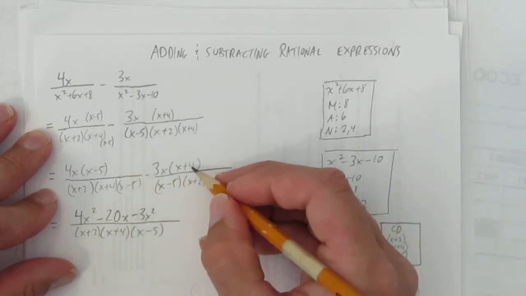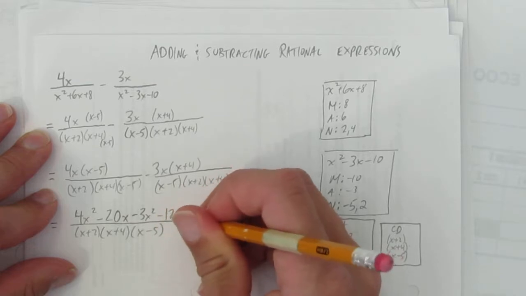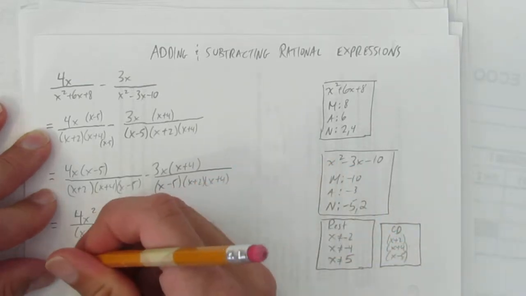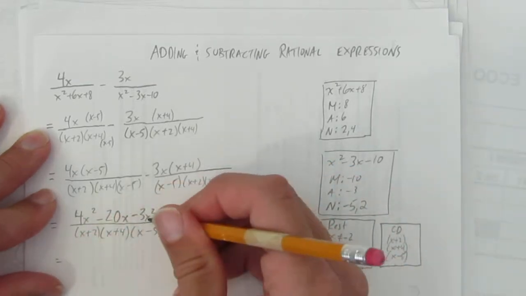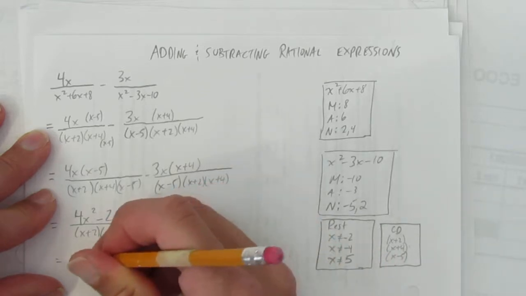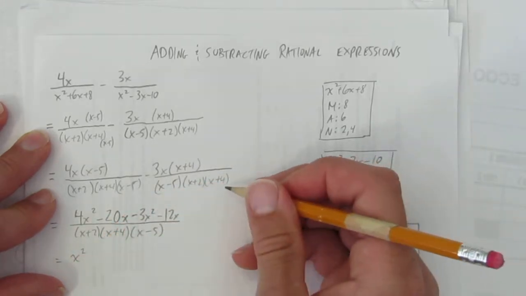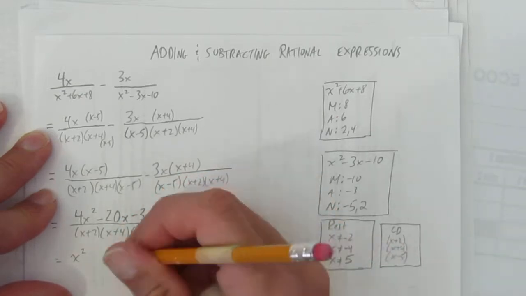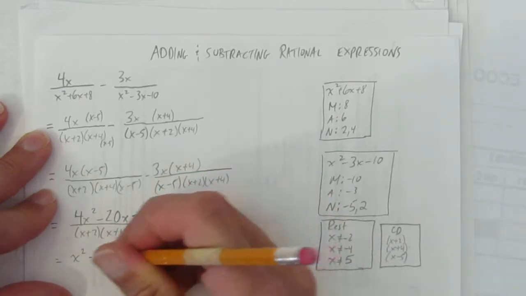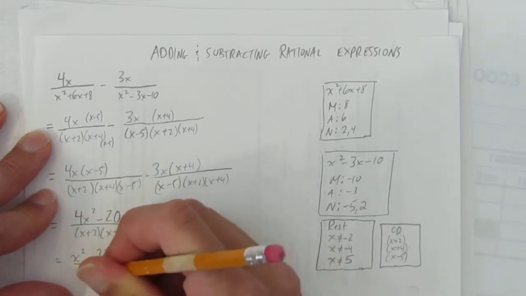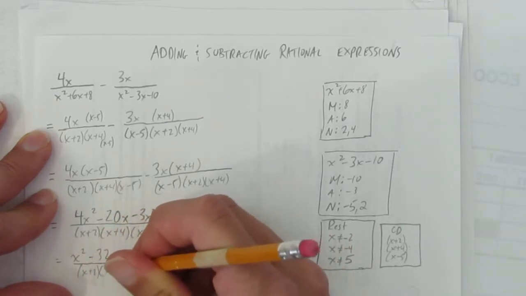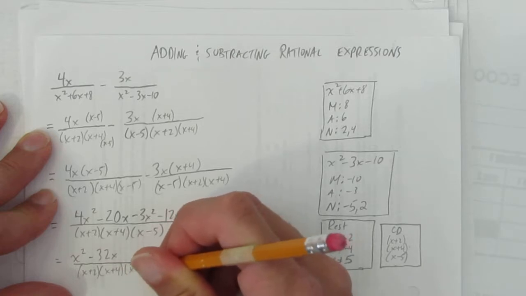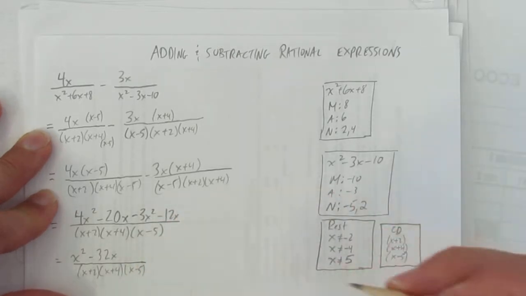And minus 3x times 4 is negative 12x. So we get 4x squared minus 3x squared. That's just x squared. That's nice. And negative 20x minus 12x, minus 20 minus 12 is negative 32x, all over x plus 2, x plus 4, x minus 5. Show that fraction again.